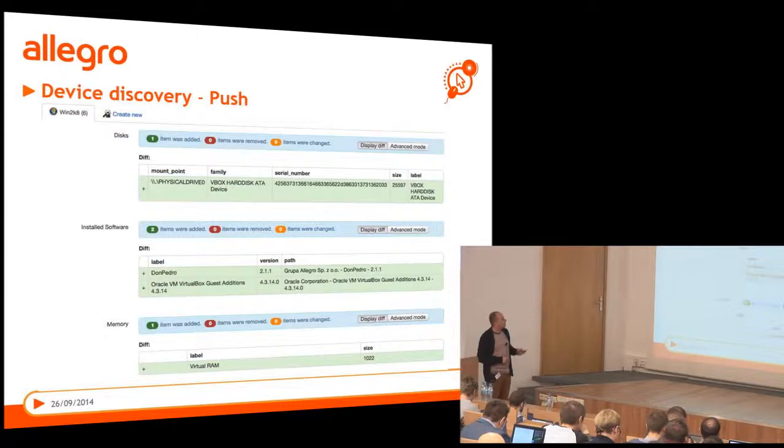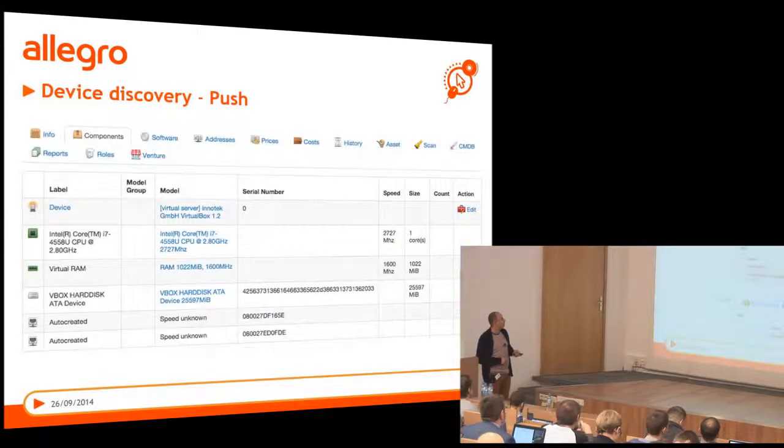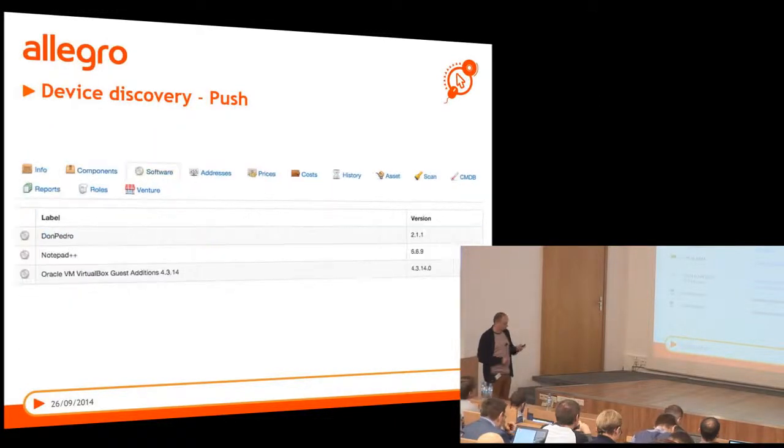There is some information about what was discovered via our plugin. For example, there is information about hard disk drives and installed software. Information also about memory. After we confirm the data, we can also get information from the device tab, which is named components. You get all the information which is on the particular device.